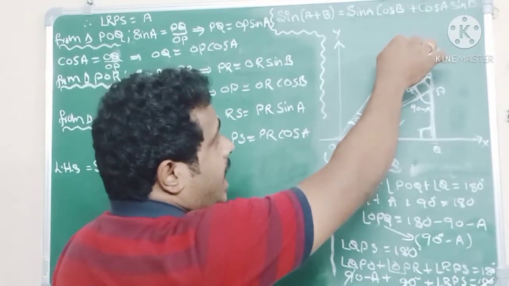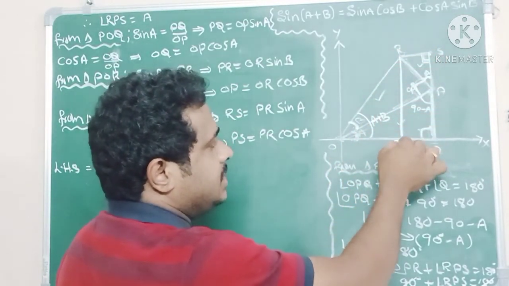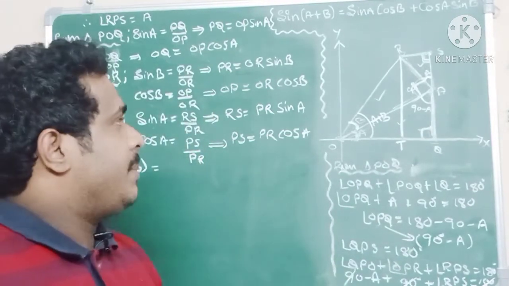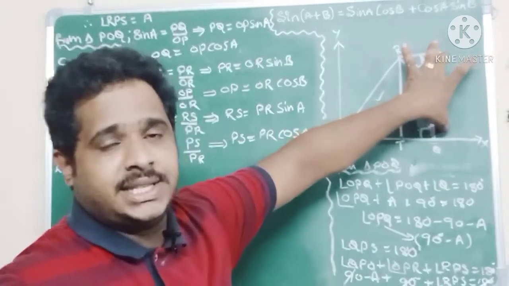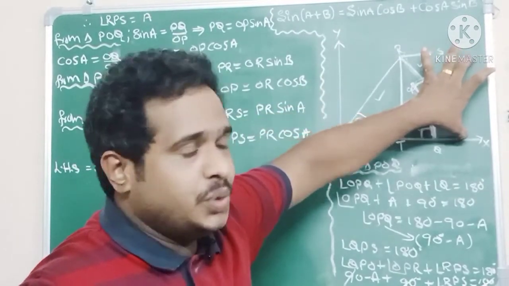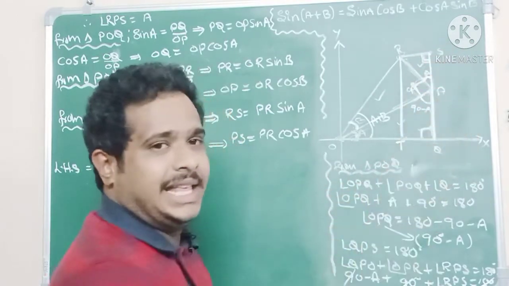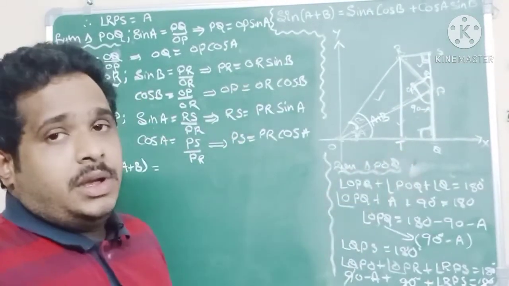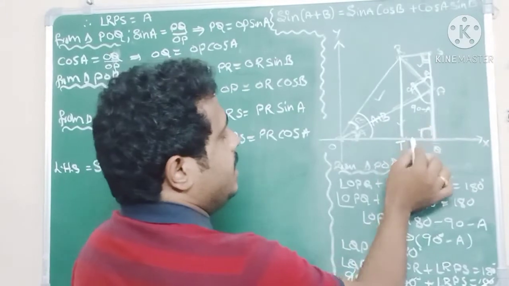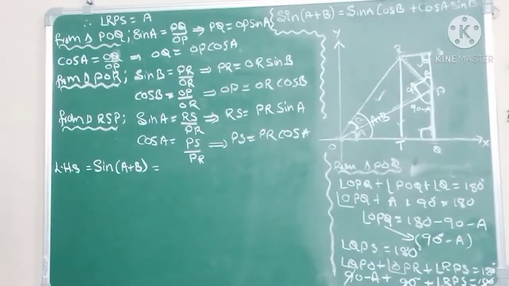Draw RT, which is perpendicular to QS, and parallel to QS. Means RT length is equal to QS length. So here the TQ length is equal to RS.